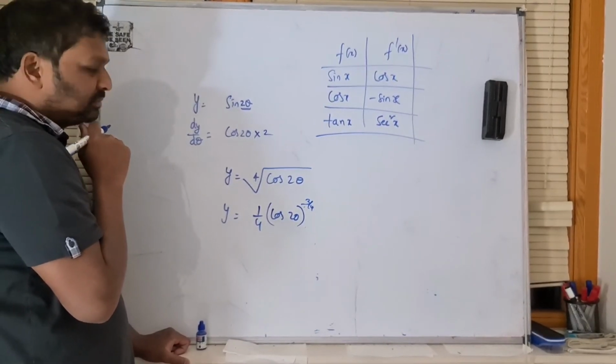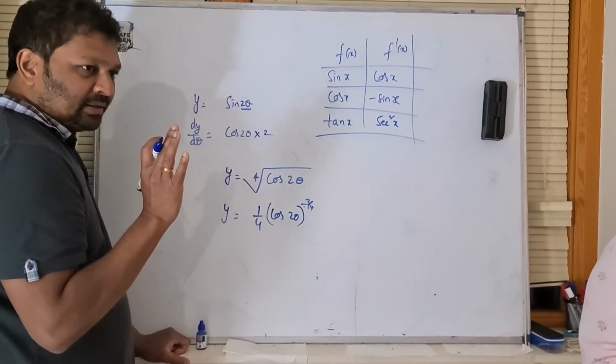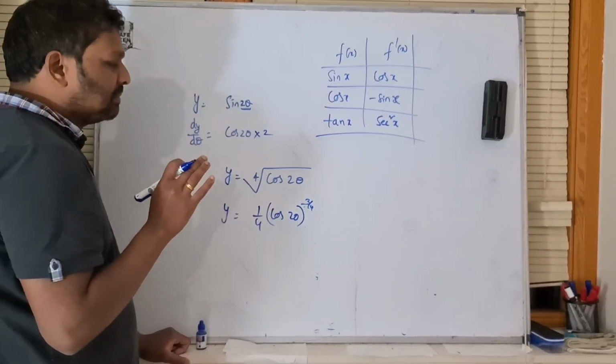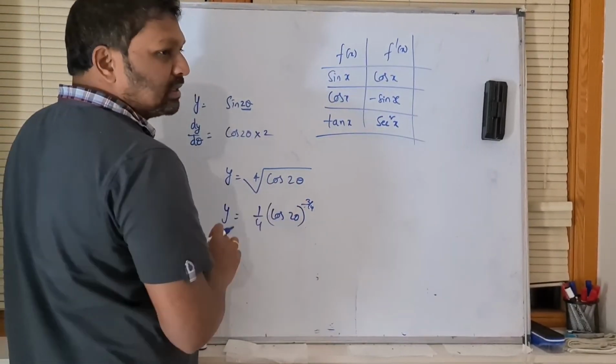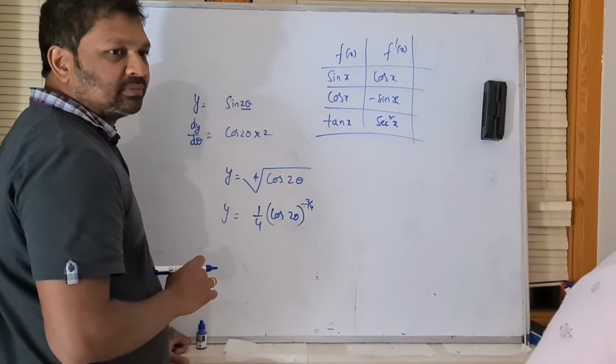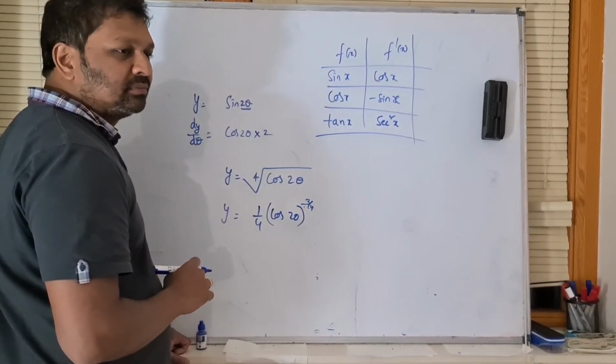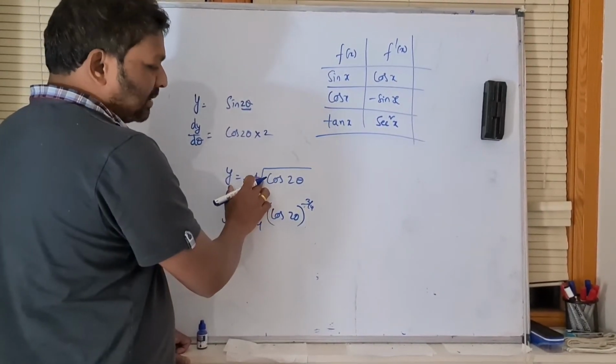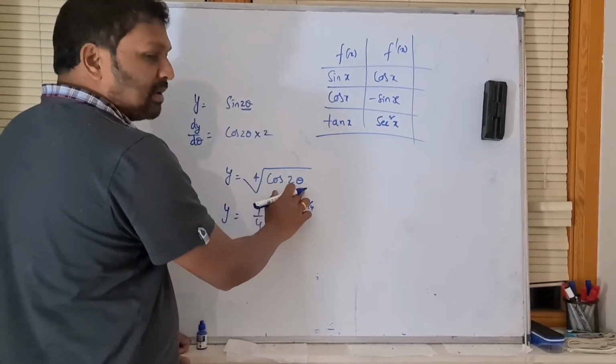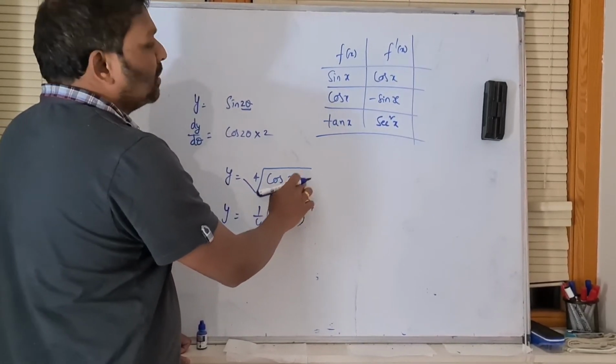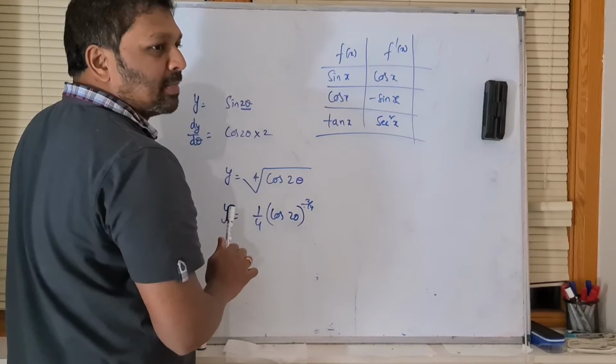And that is one part. The second part is the differentiation of cos 2 theta, which is minus sin 2 theta.